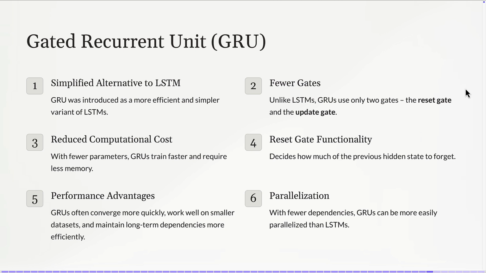It has reduced computational cost. Here they wanted to address the computational cost, so they reduced the number of gates and tried to still keep the same information. That's why I told you you cannot explain. It's a matter of common sense what information you want to keep and what you want to forget and how you can do it. So the reset gate functionality decides how much of the previous hidden state to forget.